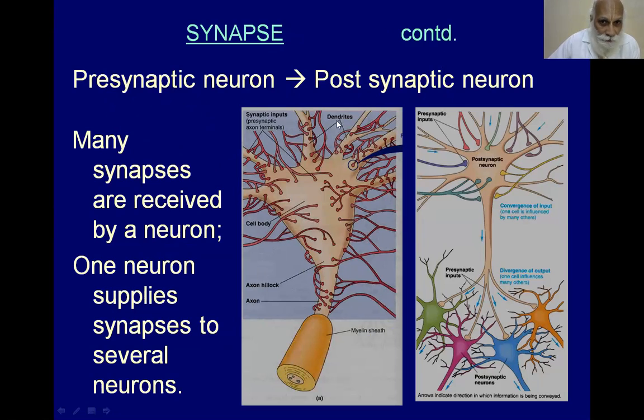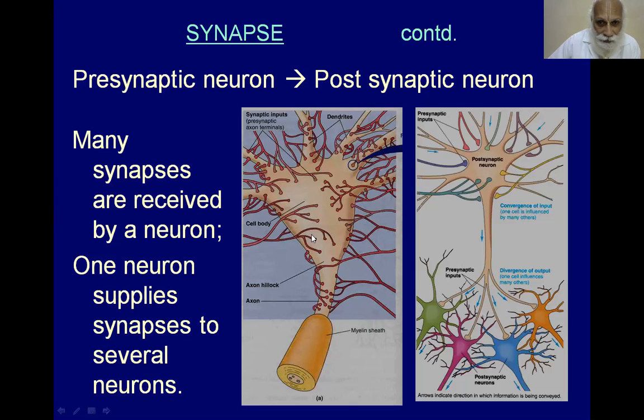One thing more, this diagram shows you that there are plenty of endings with the synapses on a neuron. On this neuron, there are plenty of synapses that it has received. Similarly, one neuron also supplies several neurons.